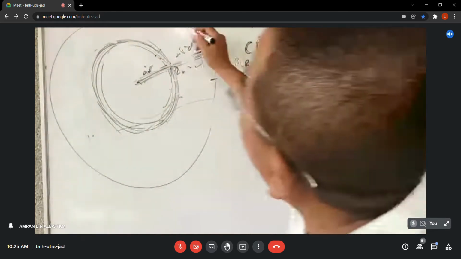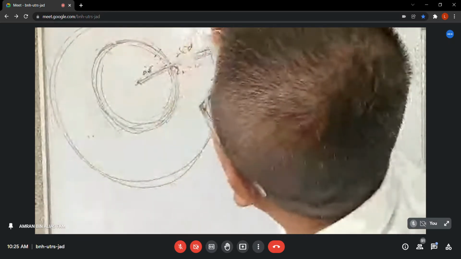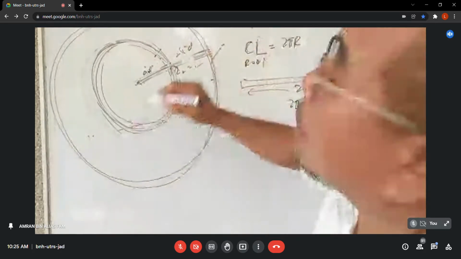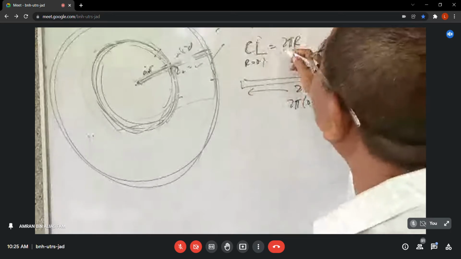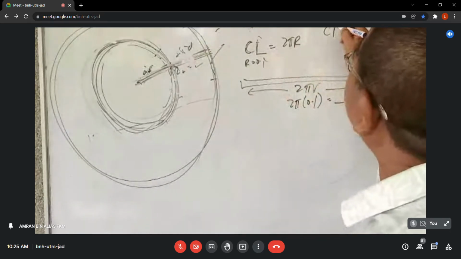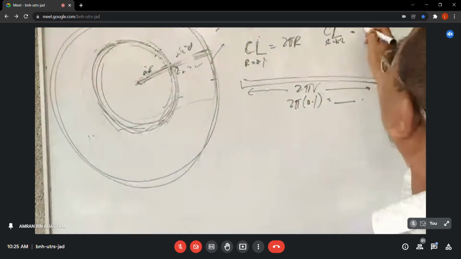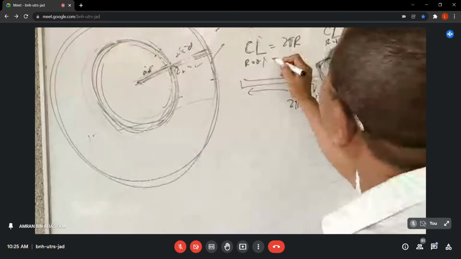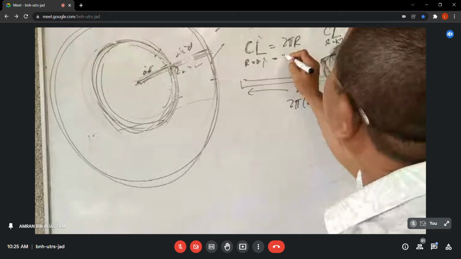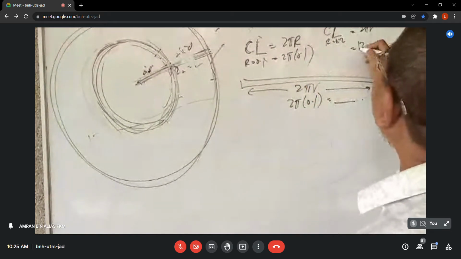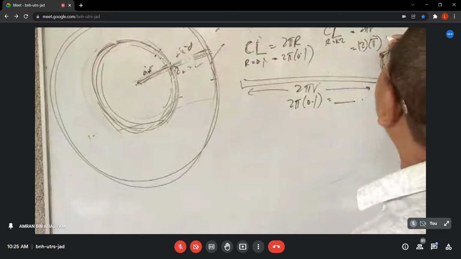Outside, we also got the new one, 2 pi R. This is R1. Circumferential length at R equal to 0.2, we got 2 pi R. So what is this value? Push calculator, 2 pi 0.1, and then 2 pi times 0.2.